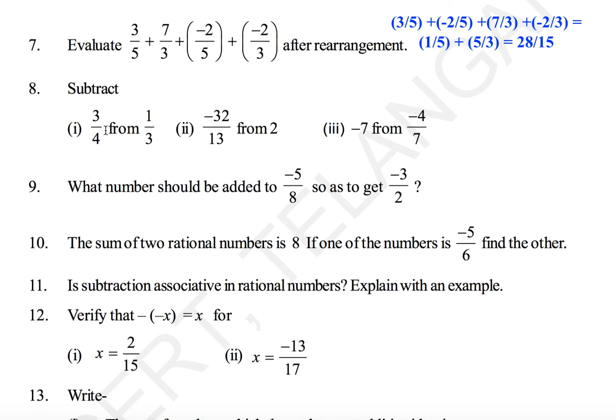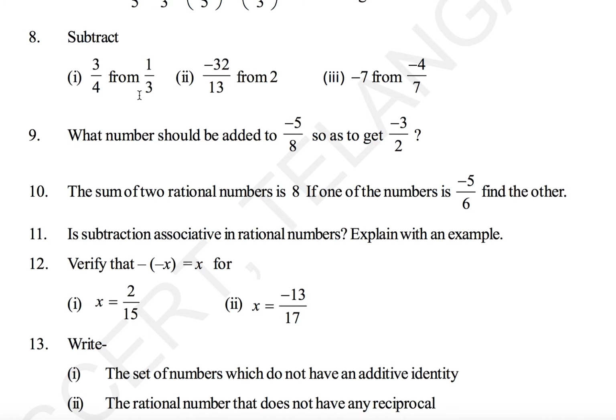Subtract 3 by 4 from 1 by 3. Like this. 3 by 4 from 1 by 3 means 1 by 3 minus 3 by 4. Take LCM. That is 12. What about numerator?